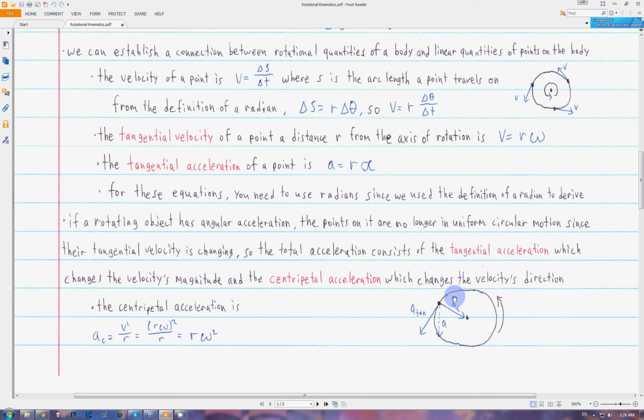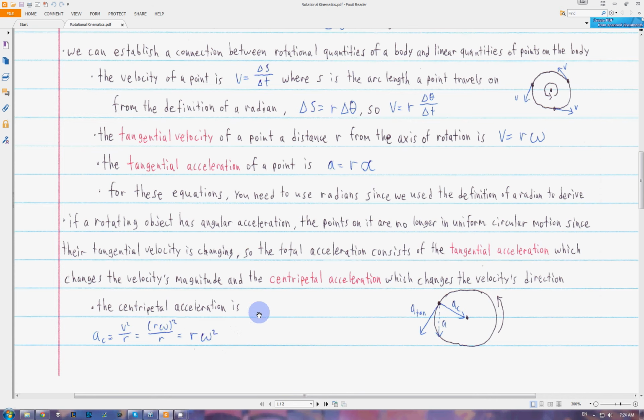So since the total acceleration consists of these two components, the centripetal and tangential, the total acceleration no longer points to the center of the circle, because it's the sum of these two acceleration vectors. And so the centripetal acceleration, which is v squared over r, can also be expressed as r times the angular velocity squared.